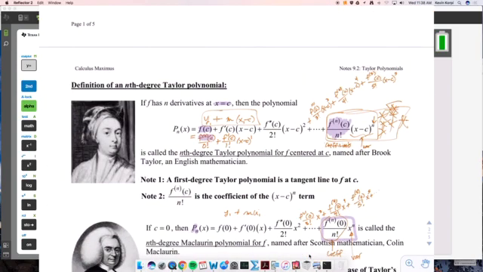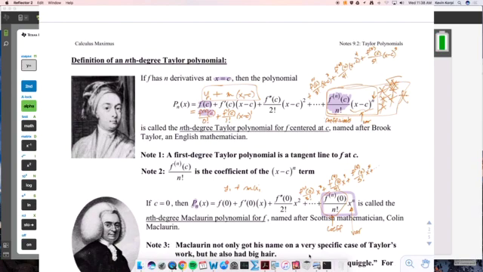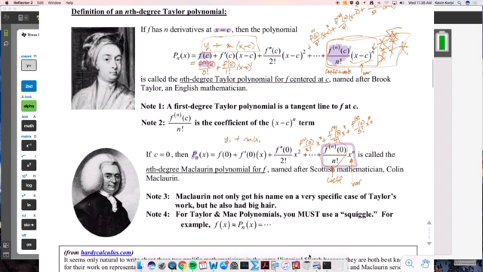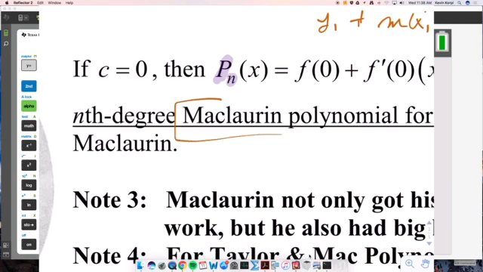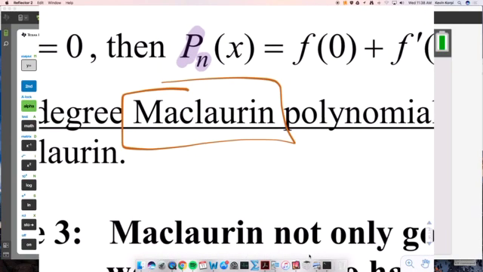And so because Maclaurin came first, Colin did, and then Taylor came second and extended it. That's why we typically call these Taylor polynomials. But sometimes it might just say, write a Maclaurin polynomial or write a Maclaurin series. So if you ever hear Maclaurin, they're not going to tell you what the center is.